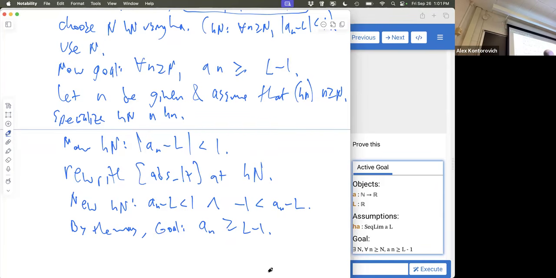If I add L to both sides, it says that a_n is at least L minus 1. Strictly, our goal is less than or equal to, but that can be solved. That's just part of linarith. It's still linear arithmetic. I'm trying to prove less than or equals, and I have something stronger, a strict less than.